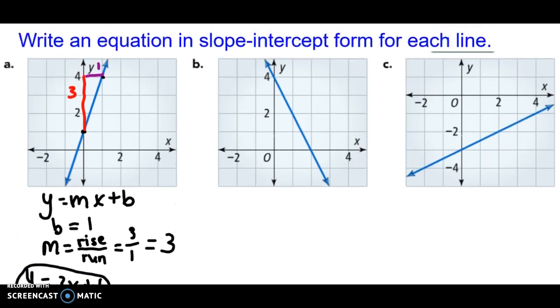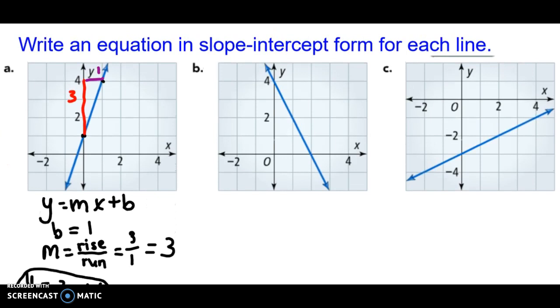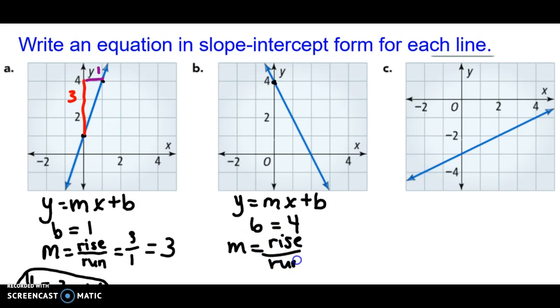Next question, part B. Again, we want the form y equals mx plus b. Let's look for b first. B is where our graph crosses the y-axis, which is at 4. Then we look for our m. Again, remember, m is rise over run. We rise, or we go all the way to here, where our graph hits the grid again.